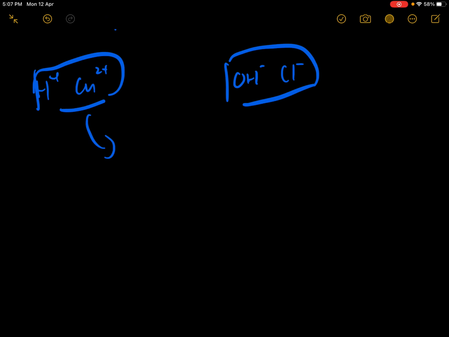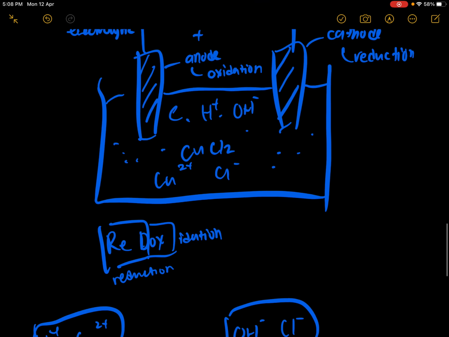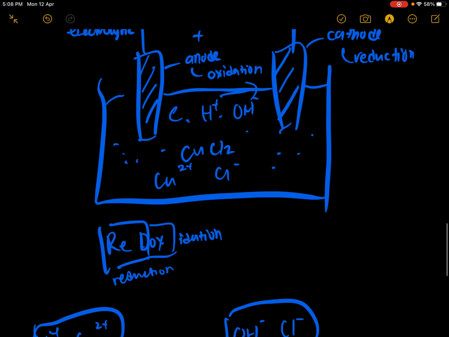When these positive ions go to the cathode, for example Cu2+, you want to turn it into copper, because it's in ionic form and you want to turn it into solid form. To do that, you have to add 2 electrons. Since you're gaining electrons, this is reduced. So this is going to happen at the cathode. So the positive ions go to the cathode, and the negative ions go to the anode.